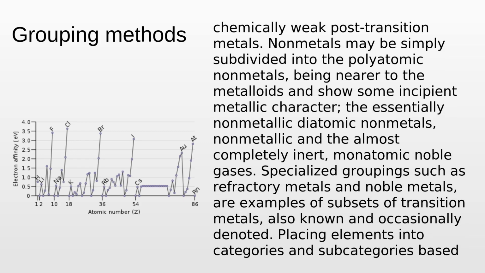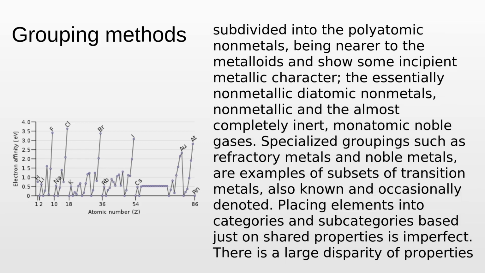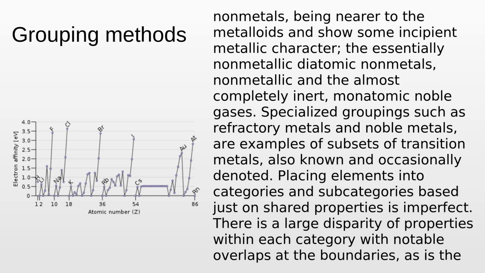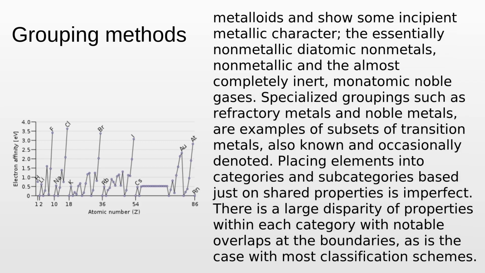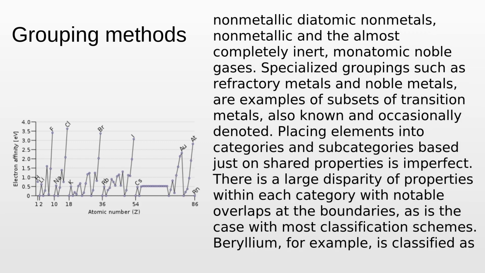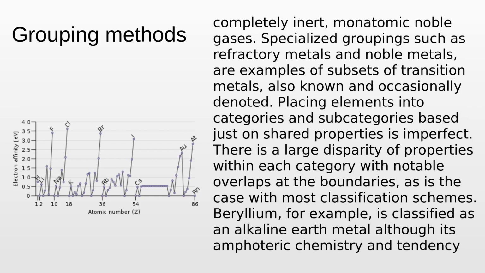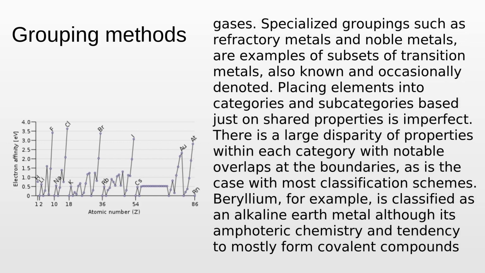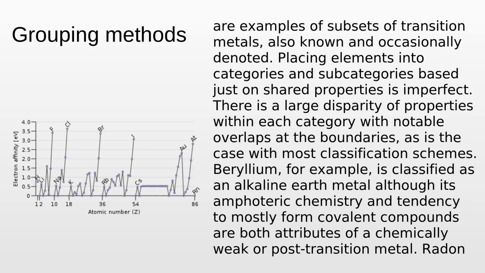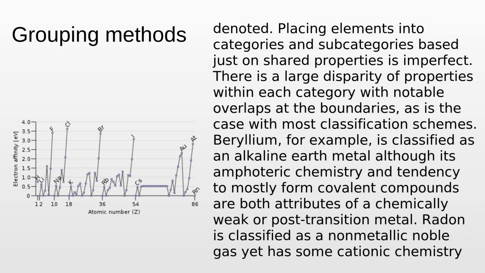Nonmetals may be simply subdivided into the polyatomic nonmetals, being nearer to the metalloids and showing some incipient metallic character; the essentially non-metallic diatomic nonmetals; and the almost completely inert, monatomic noble gases. Specialized groupings such as refractory metals and noble metals are examples of subsets of transition metals, also known and occasionally denoted.